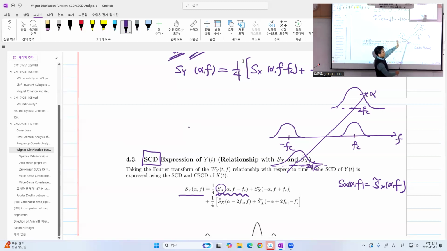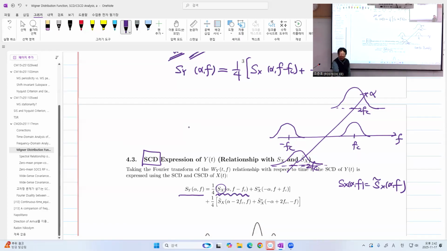So you have in the alpha versus f plane, your magnitude of SCD shows 4 kinds of components. And actually, these 2 are due to the impropriety of the random process. Why? Because if the random process X is proper, what does that mean?